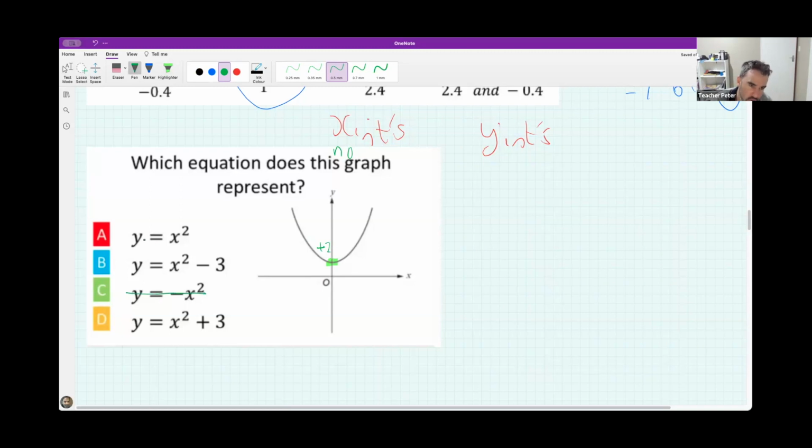So the ones that have no y-intercepts or have 0 y-intercepts, then they can't be ones. So then the only option that makes sense can't be a -3, because a -3 would look like that. So the only one that works is that one, in which case that has to be a +3 to give you that. And so it would be D.